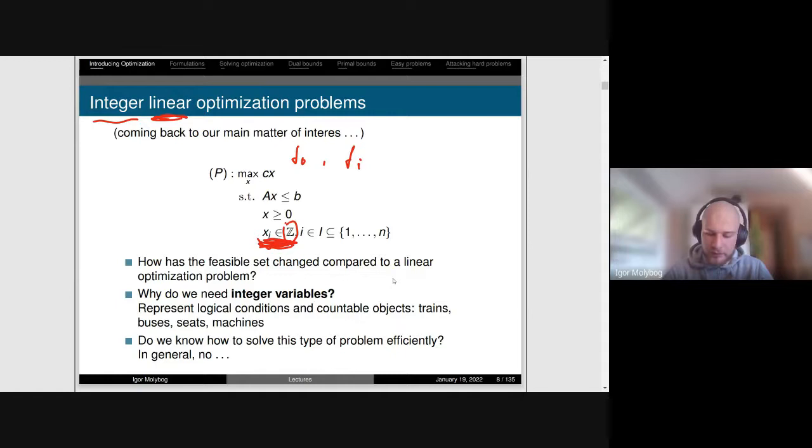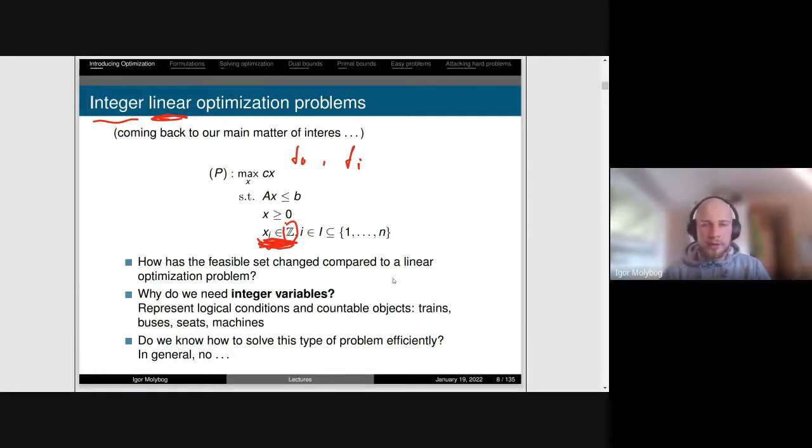So there could be multiple reasons for that. Do we know how to solve this type of problem efficiently? Unfortunately, after we have introduced this new constraint of integrality, the answer is no in general. These kinds of problems are difficult, and there's no efficient way of solving them.